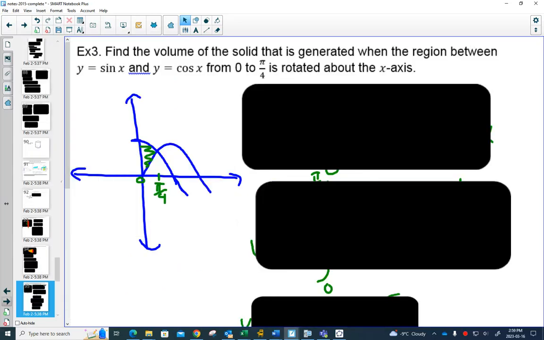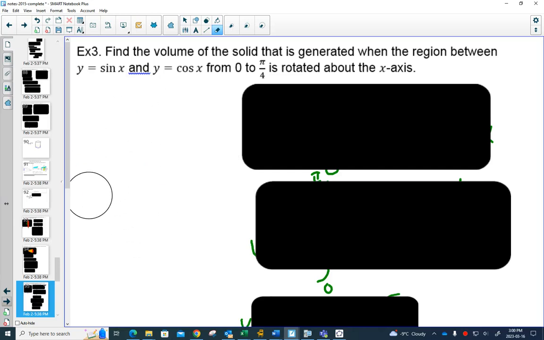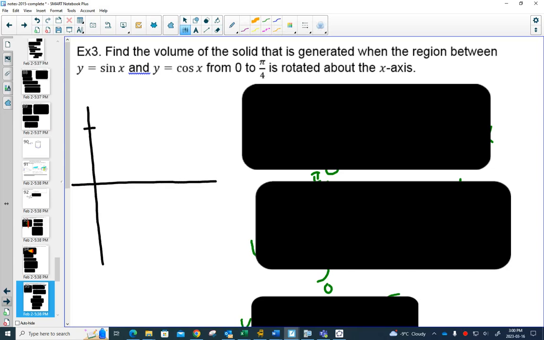And I'm going to, yeah, not a good enough drawing. Here we go. So your cos graph from 0 to pi over 4, I'm going to put pi over 2 here and pi over 4 here.